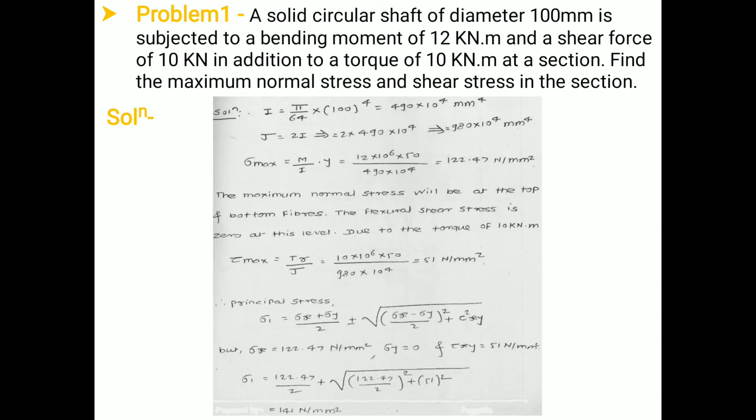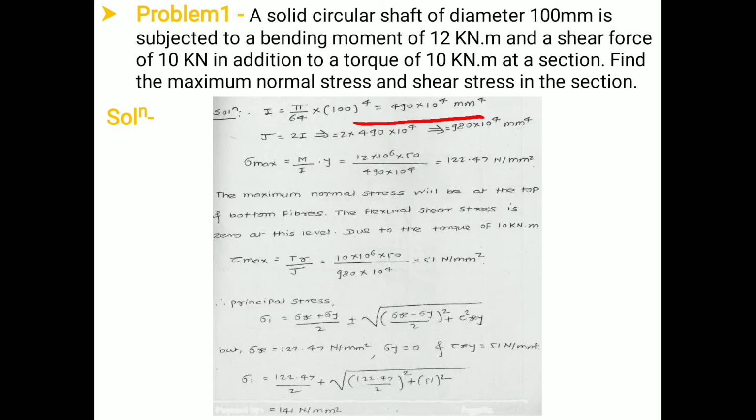First of all we will calculate the value of I, because we know the value of diameter. I, the moment of inertia, is pi by 64 into d raised to 4. On putting the value of diameter we get I as 490 into 10 raised to 4 mm raised to 4.